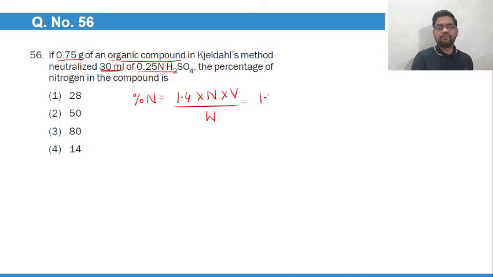So 1.4 times the normality, 0.2, into volume, which is 30, whole divided by the weight taken, 0.75. So this 0.0 gets cancelled. This is 3 times, and this is 10 times, so it is 14. So percentage of nitrogen is 14. So question number 56, option number 4 is the right answer.